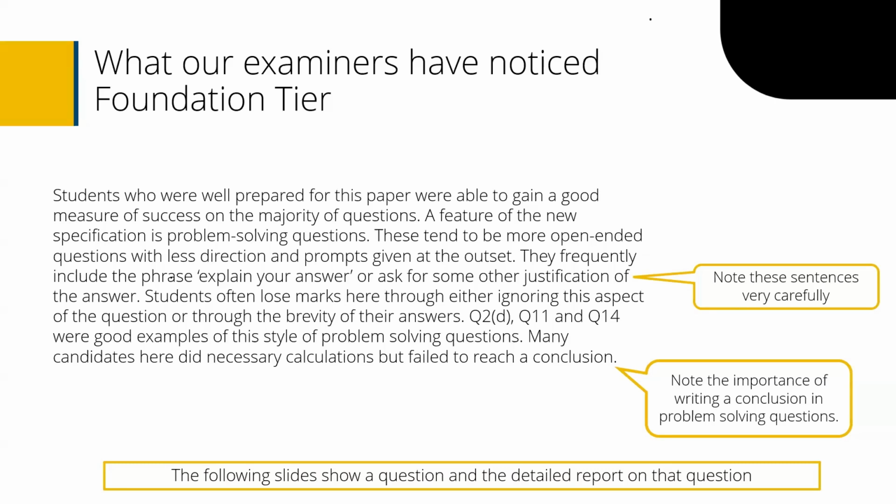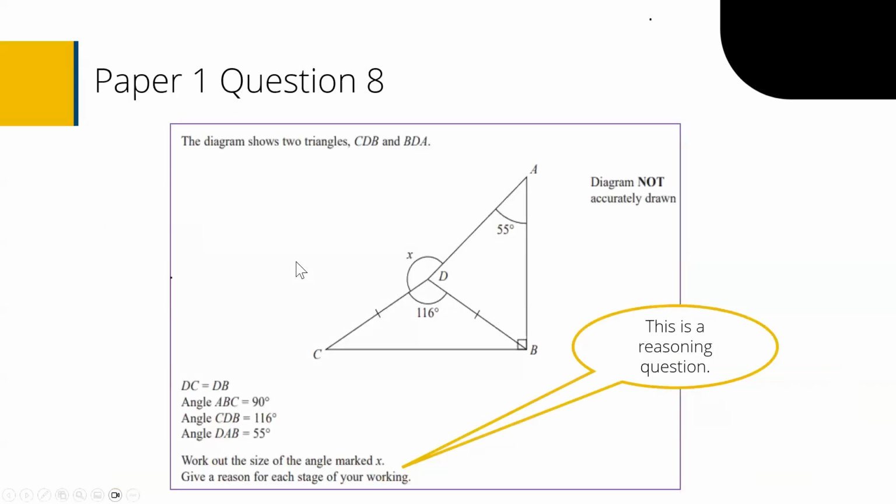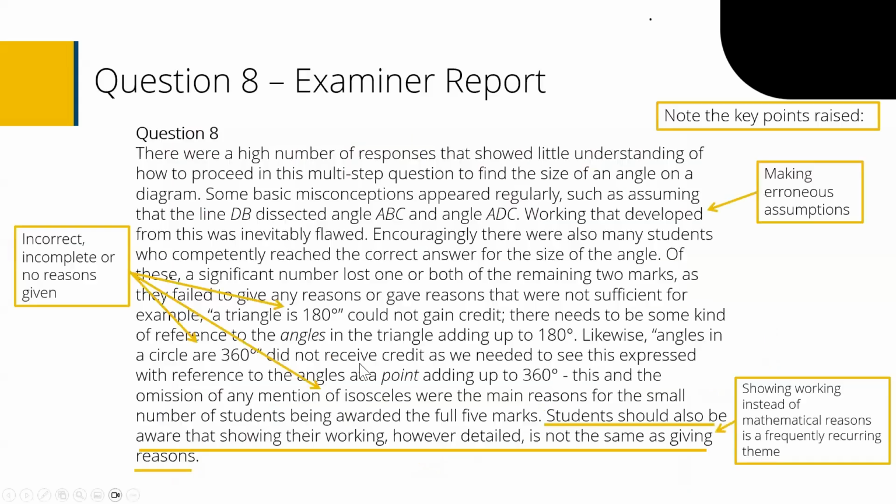If we then look at a specific question, in this case we have a geometrical reasoning question from June this year. Notice that it says, give a reason for each stage of your working. And then if we look at the examiner's report, let me give you a minute again to read this.